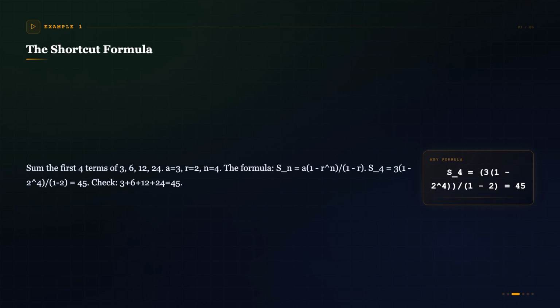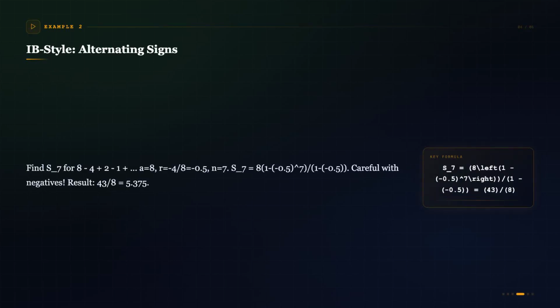Now we apply our sum formula. S sub 7 equals 8 times the quantity 1 minus, open parentheses, negative 0.5, close parentheses, raised to the power of 7, all divided by 1 minus, open parentheses, negative 0.5, close parentheses. We need to be very careful with the negative sign inside the parentheses. First, calculate negative 0.5 to the 7th power.